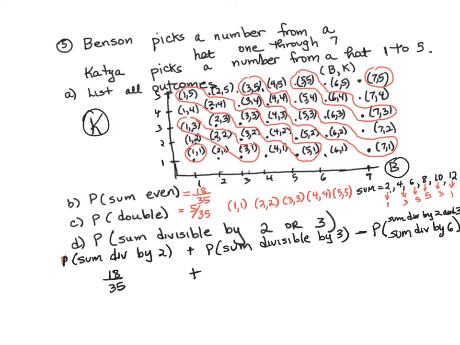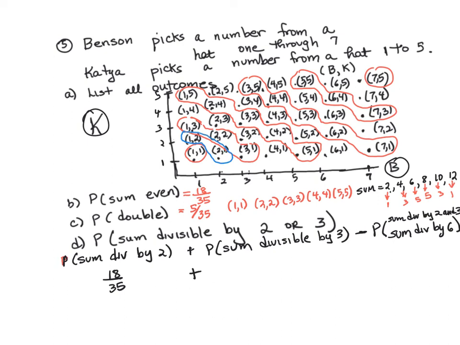So I've circled in red the sums divisible by 2. Let's circle in blue the sums divisible by 3. Okay, so what are the ones divisible by 3? Well, let's see, we'll circle them. 1, 1 is out. We have 1, 2, and 2, 1. That's a sum divisible by 3. The sum is 3.